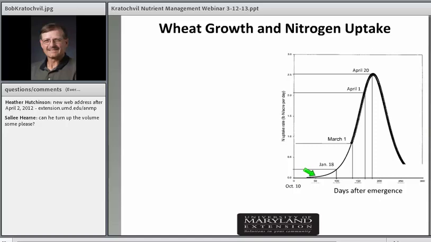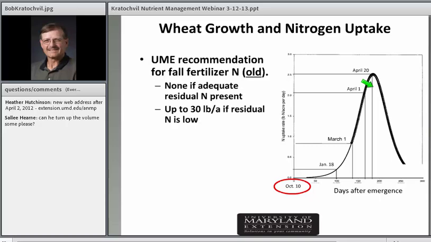Very little nitrogen taken up really during the first almost 150 days following emergence. And then once we get into green up in the spring and move on towards the boot stage and heading, you get a rapid consumption of nitrogen. Now we're using October 10th as our emergence date here.